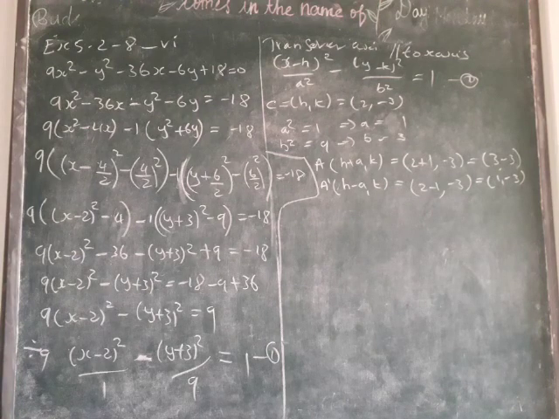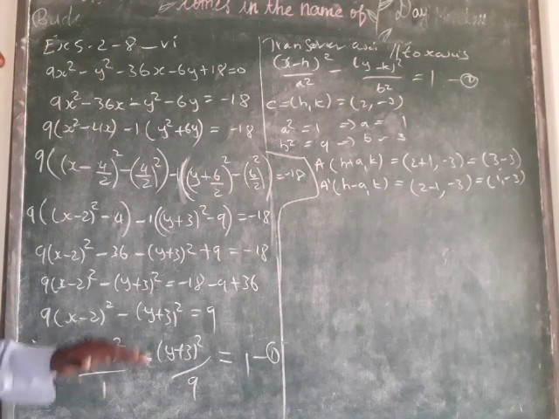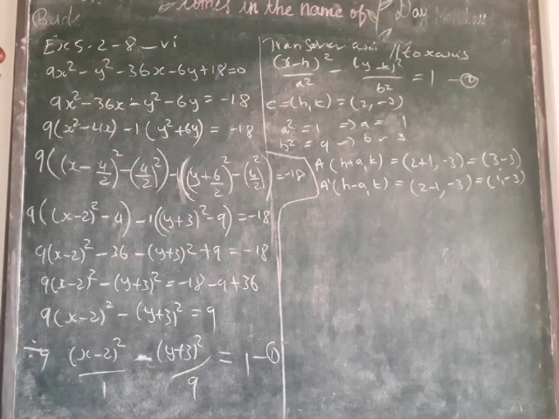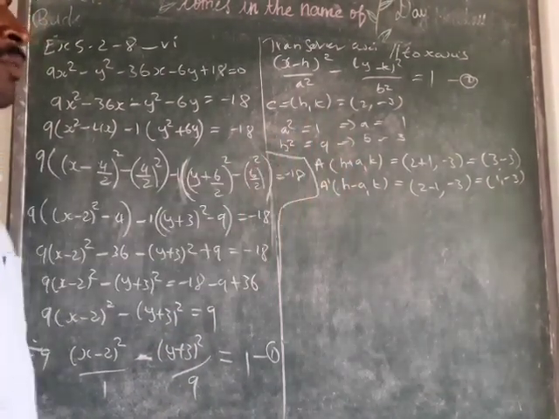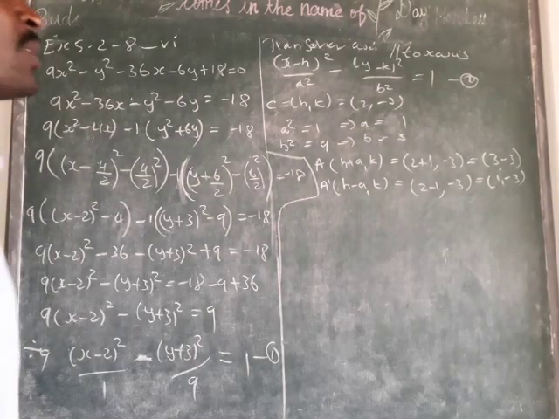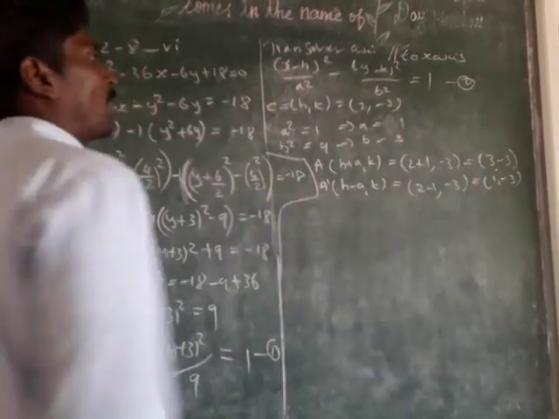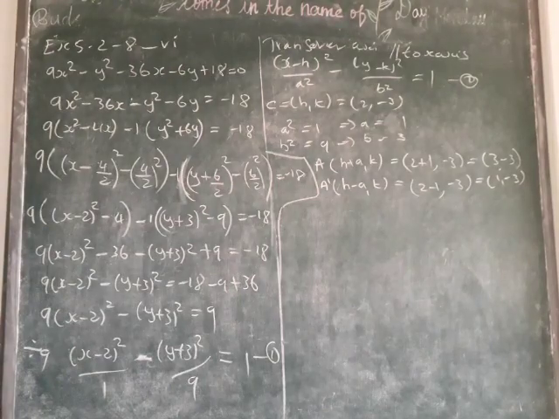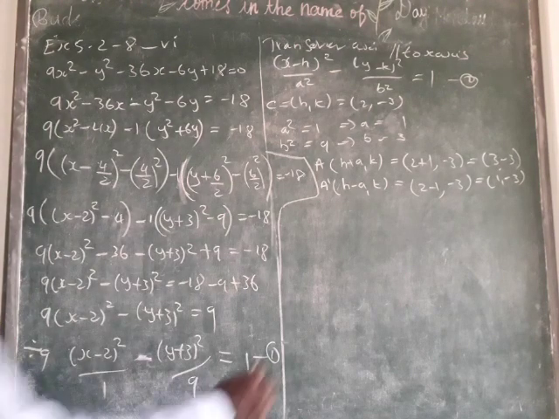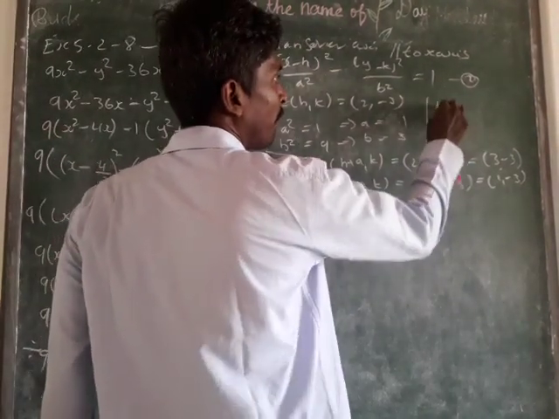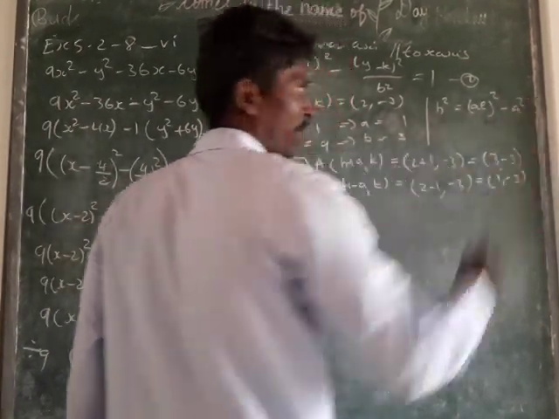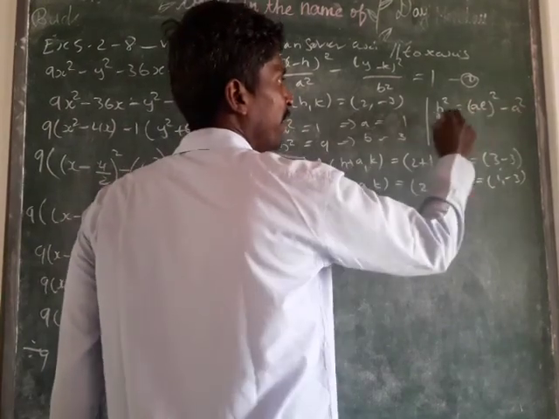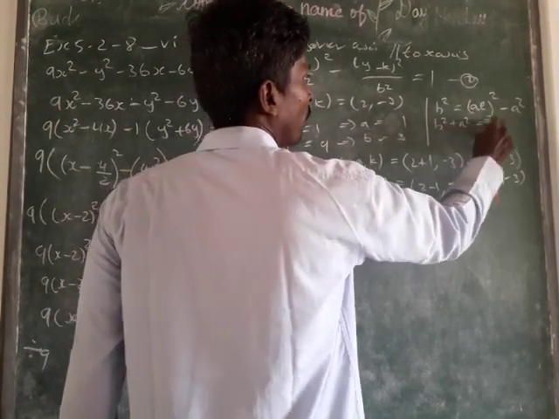Then you have to find the focus. For the focus, you want to find the AE value. You know the a value and the b value. What is the AE value? We know e equals square root of 1 minus b square by a square. Otherwise, b square equals AE the whole square minus a square. So to find AE, bring this side: b square plus a square equals AE the whole square.